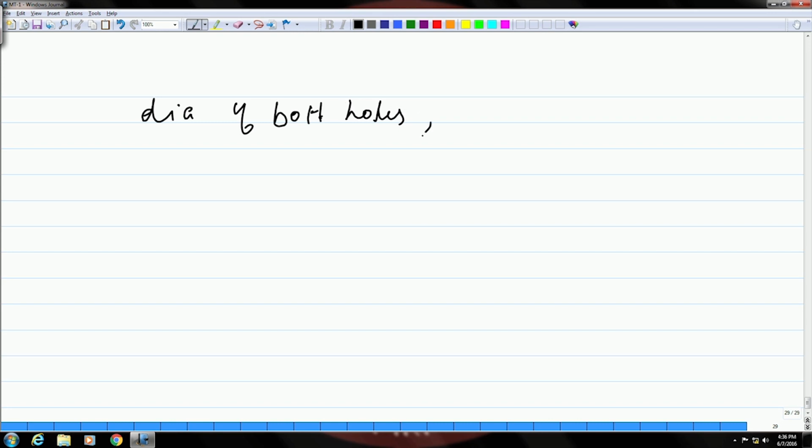And also parts where a normal low viscous liquid will not stay, like overhead parts. There also it is useful.